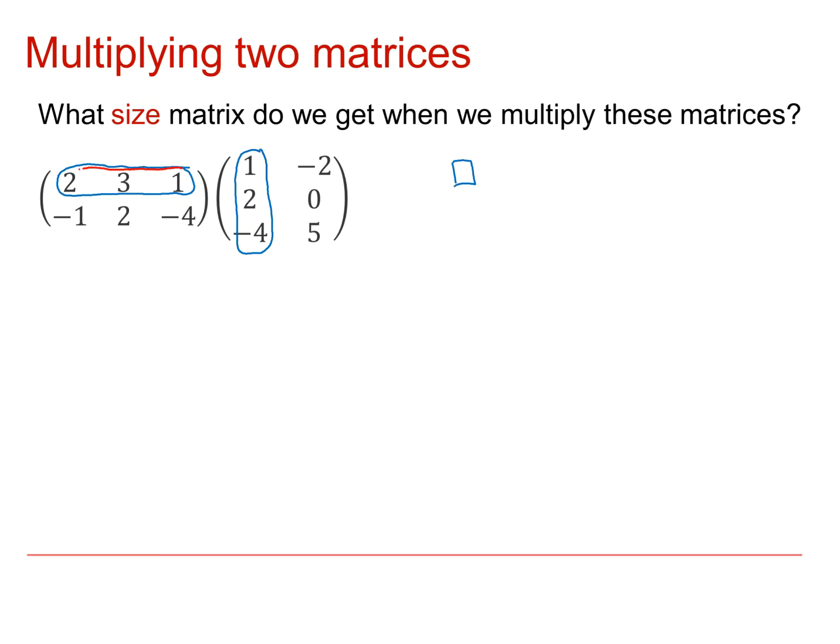Then we take that first row again and multiply it by the second column. That will give us top right. We take the second row by the first column. That will give us an element there. And finally the second row by the second column, which will give us an element there. So we get a 2 by 2 matrix.